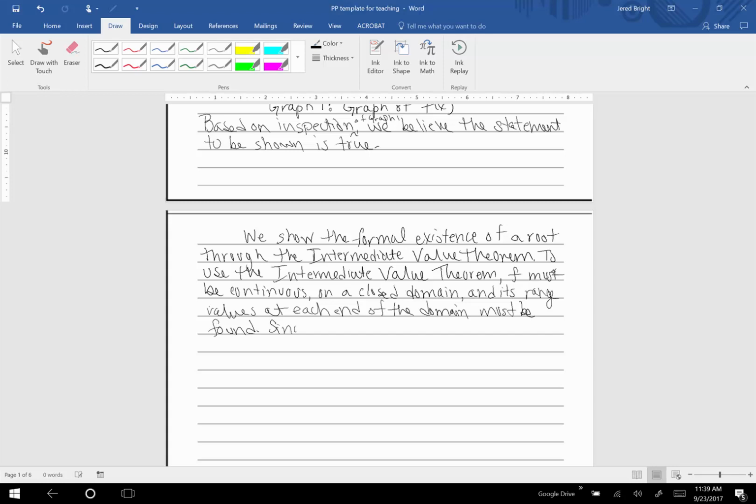Since we know f is a polynomial function, it is continuous.